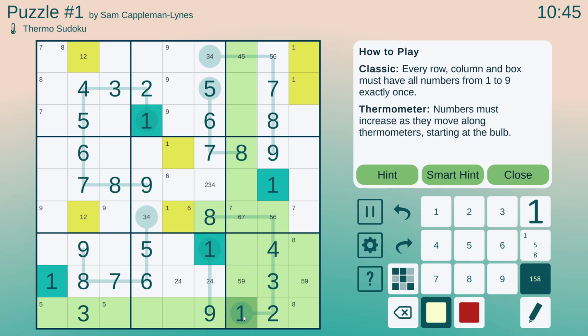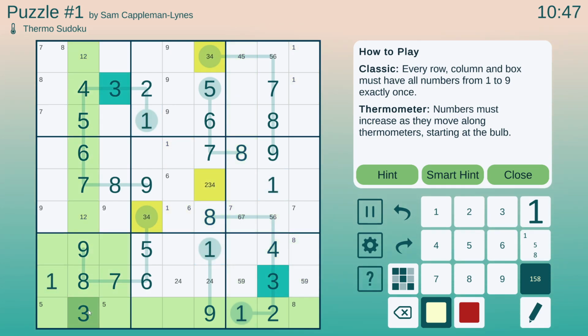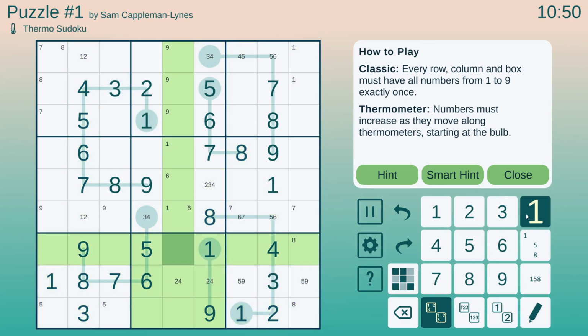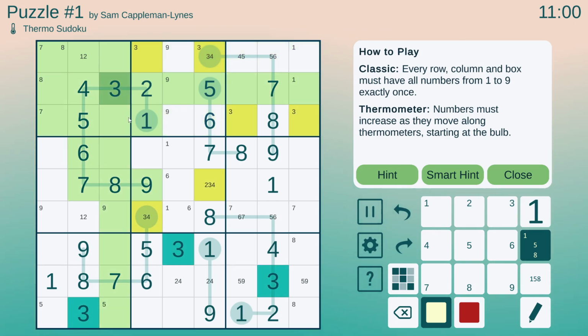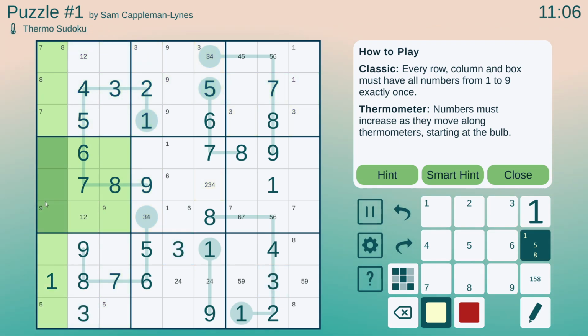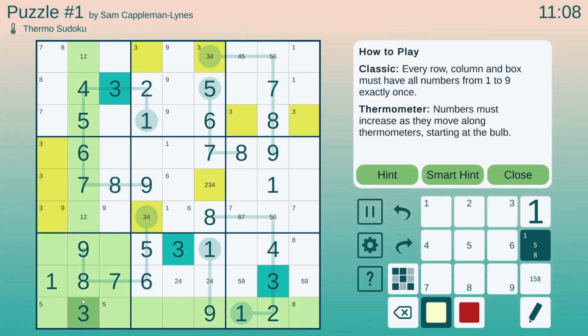Interesting. Surely that 3 does something. It does. Three somewhere in here. I guess I'll write it down.